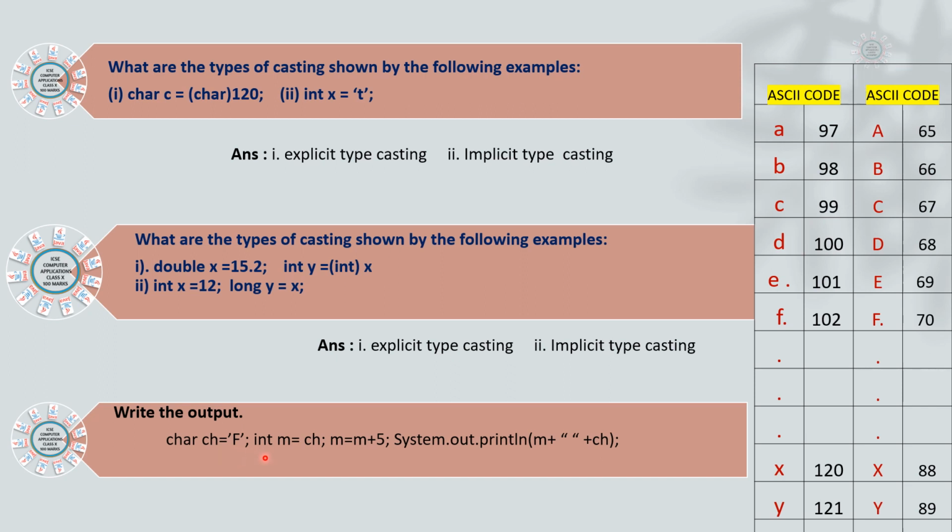Here see, ch is F, int m is equal to ch, the ASCII code of F, that is 70, will be stored. 70 plus 5, 75. And now print, here we can see ch and then print m. m is 75 and ch is F. So like this, the proper values we have to print.